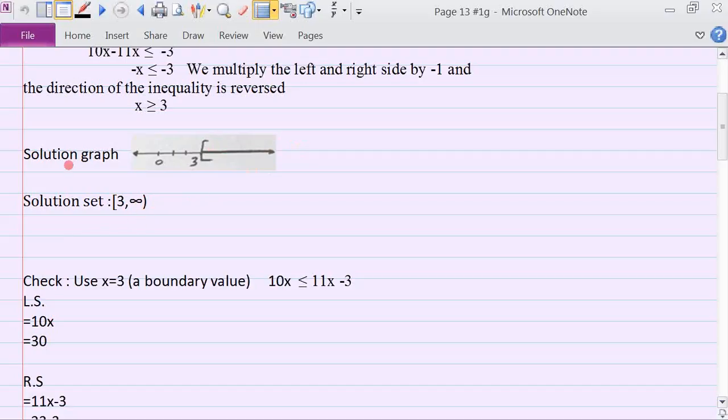And because we're including the number 3, the equal sign right here, we put a square bracket around 3 in the solution set. So we can show the solution to this in terms of a solution graph right here. So here's all the numbers, including the 3, which would make the inequality true.